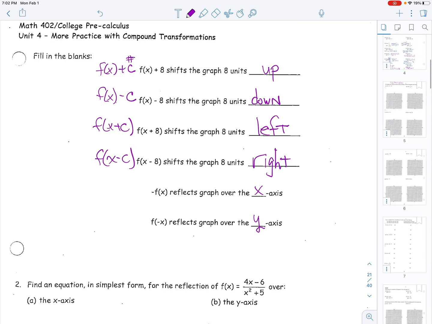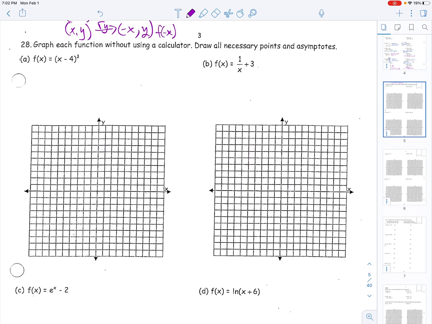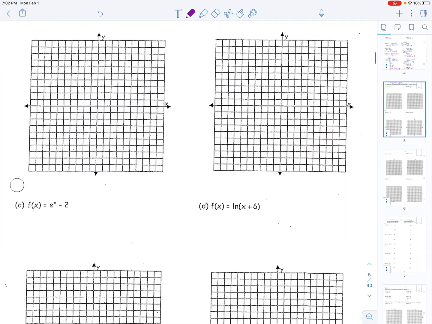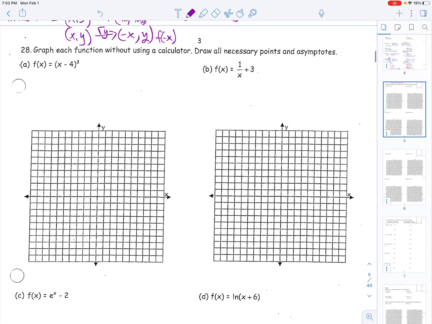Alrighty, let's go back now. Page 3. Graph each function without using a calculator. Draw all necessary points and asymptotes.